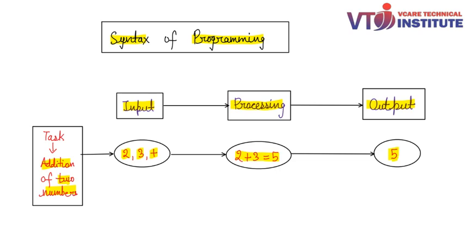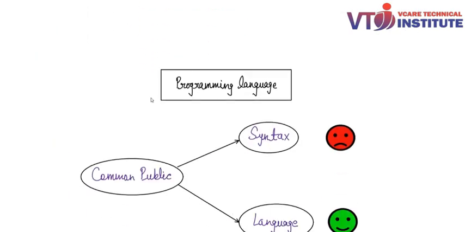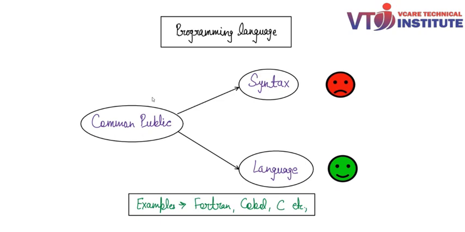Now in this whole programming setup, we send the inputs to the processing unit, and in the output processing, the decoding process will happen. So that is how coding and decoding are used in the syntax of programming. Now let's move ahead and talk about programming languages.